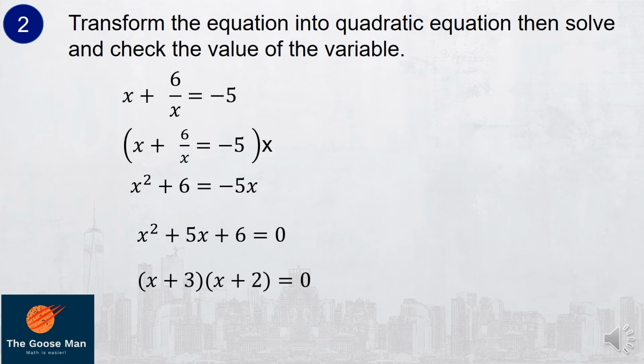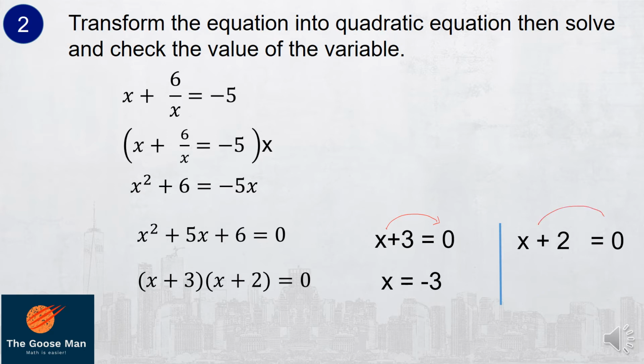Alright. So I have here x plus 3 is equal to 0, so I'll isolate that. If I move positive 3 to the other side, x will become -3. On the other side, I have x plus 2 is equal to 0. If I move positive 2 to the other side of the equation, this will become x is equal to -2.